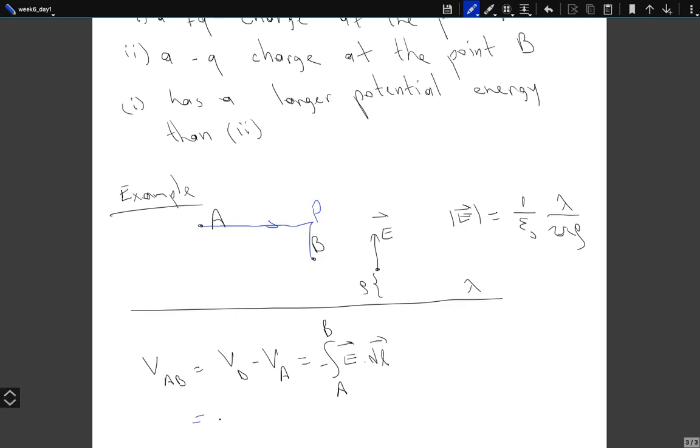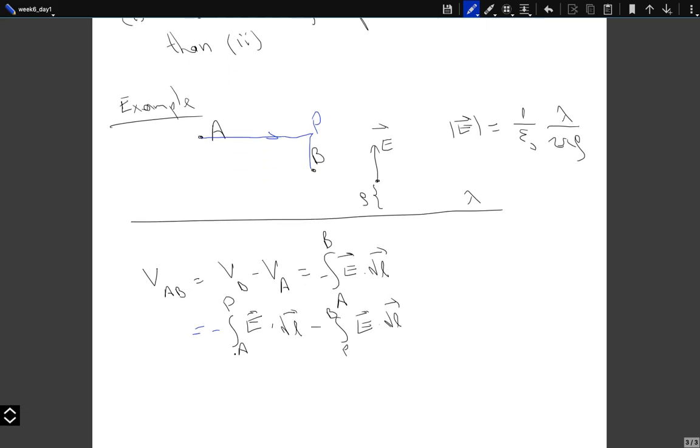The first thing I do is divide the integral into 2: from A to that corner P of E dot dl, minus from P to the point B of E dot dl. From A to P, since dl and E are always perpendicular to each other, it's just 0. And then I have from P to B.